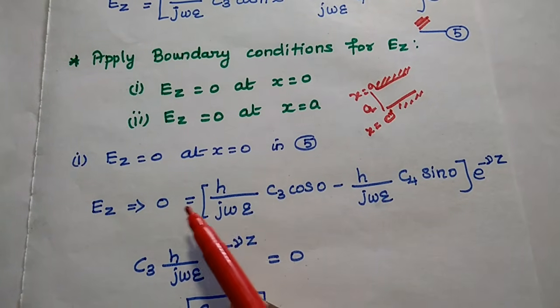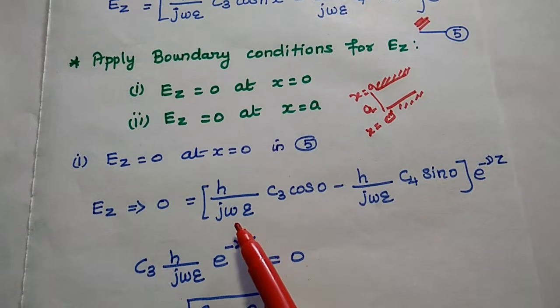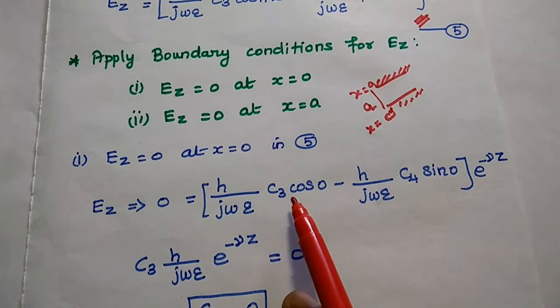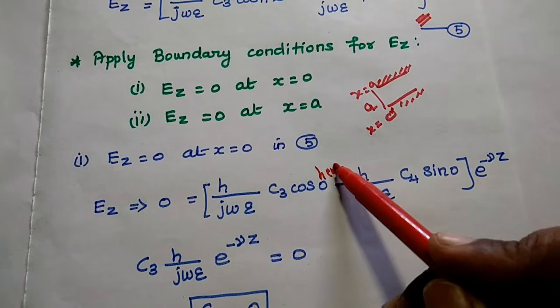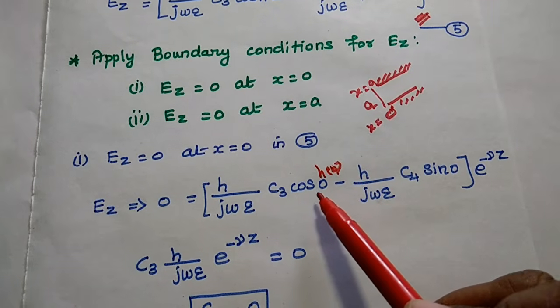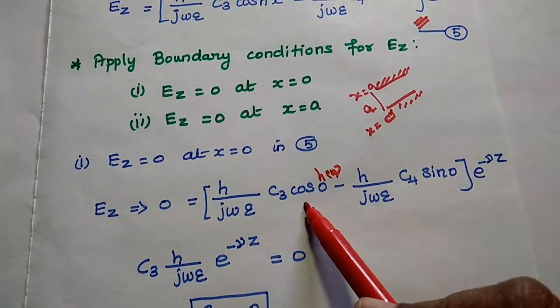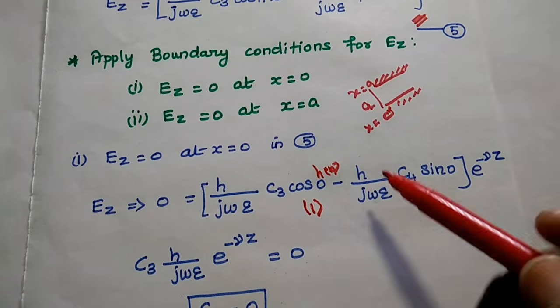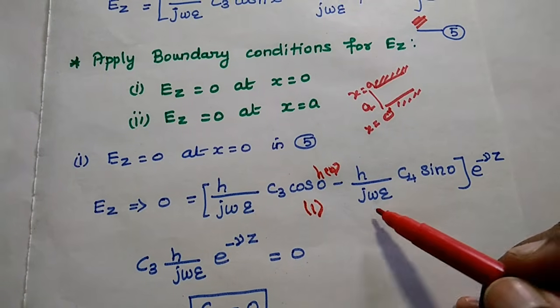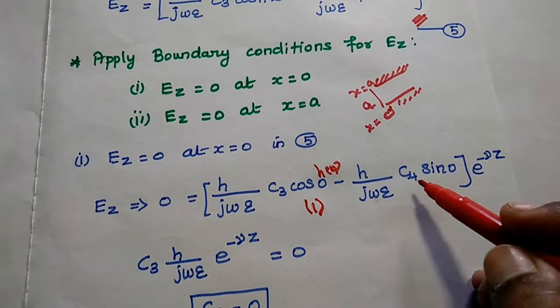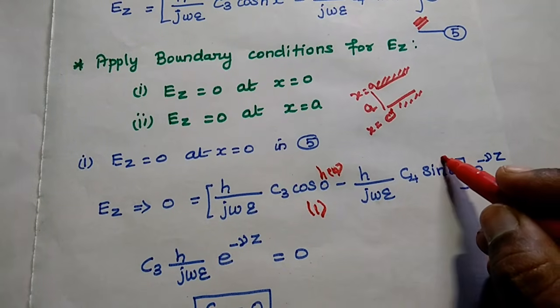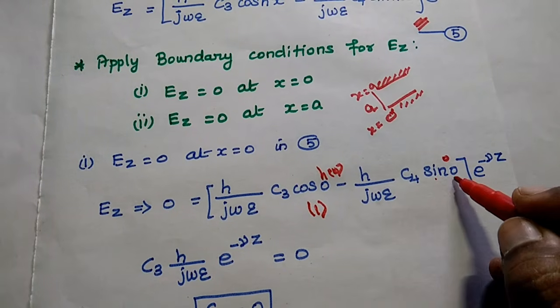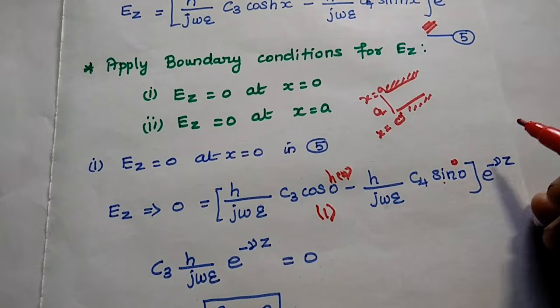So here 0 is equal to h by j omega epsilon C3 cos hx. Correct? Cos hx, x value is 0, then its value is cos 0. So what is that value? 1. Minus h by j omega epsilon C4 sin hx. Here x is 0, then we get sin 0. Its value is 0.